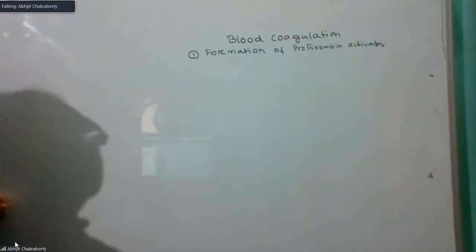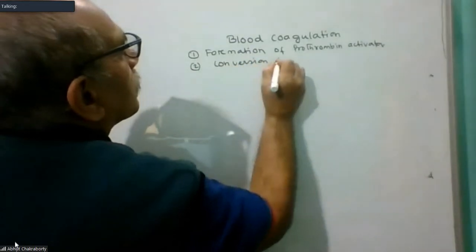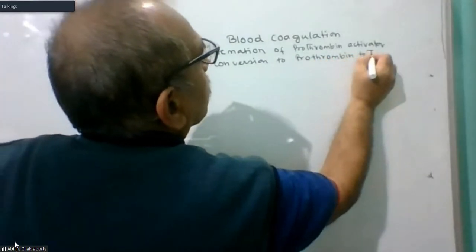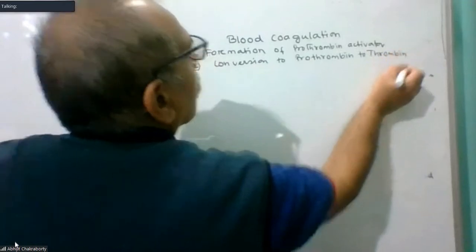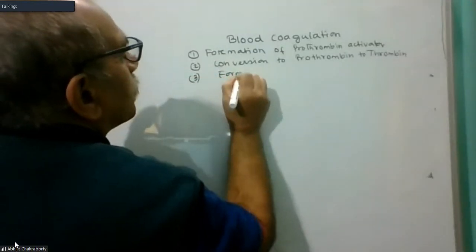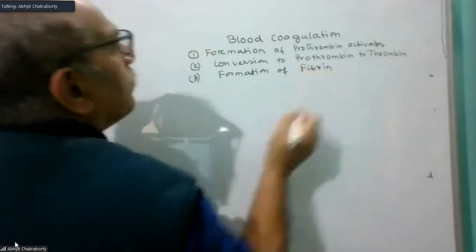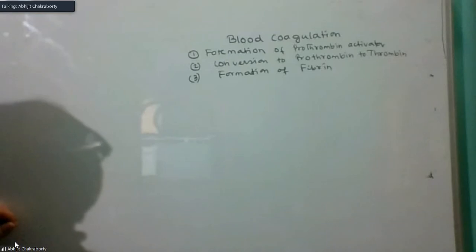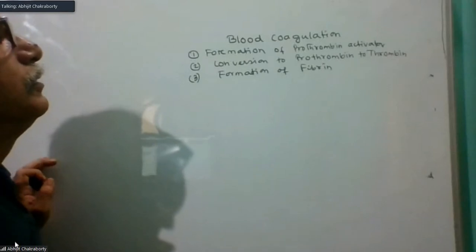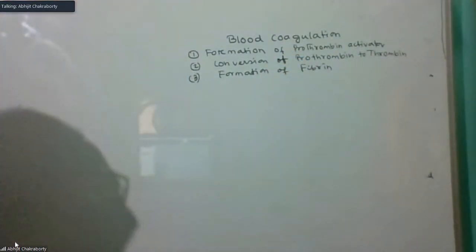There are three main steps of blood coagulation: formation of prothrombin activator, conversion of prothrombin to thrombin, and formation of fibrin.